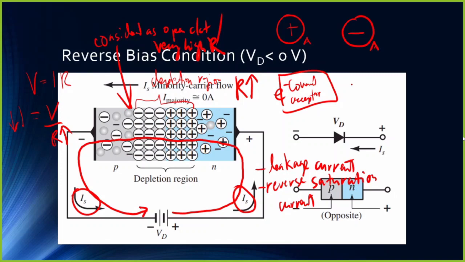Usually, nasa order lang siya ng nano or picoamperes. Nano is times 10 raised to negative 9. Pico is times 10 raised to negative 12. So, sobrang liit lang ng reverse saturation current or leakage current. But, we can approximate this to be equal to 0.